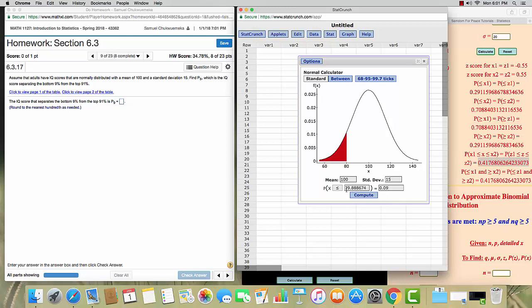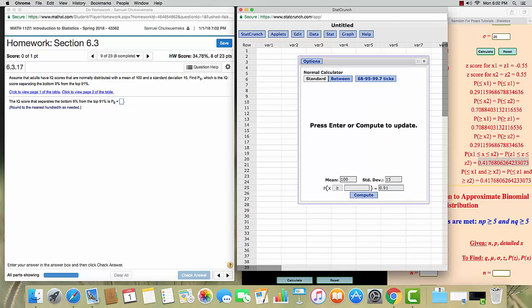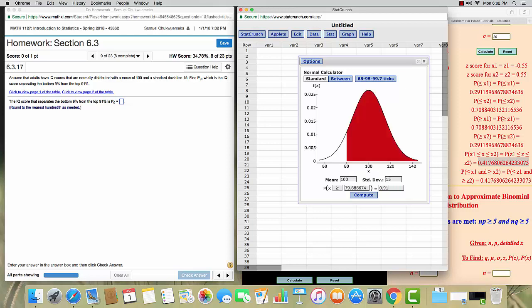Now, another thing you can do to get the same answer is you can put greater than here. Once you put greater than, you see this is 91%. It still gives you the answer, 79.89. Or even if you just put 0.91 and press enter, you still have 79.89. So either way gives you the answer.